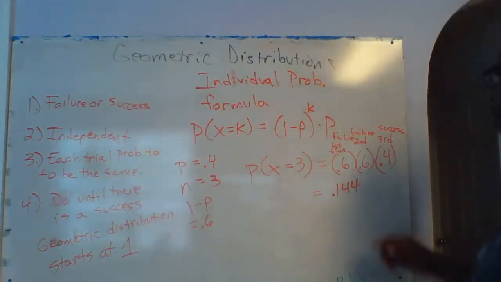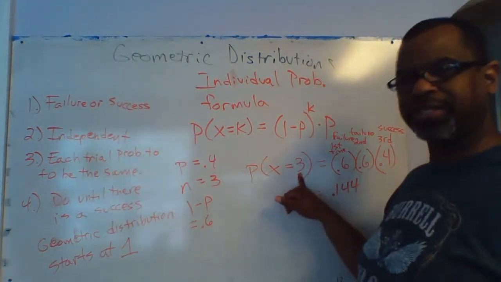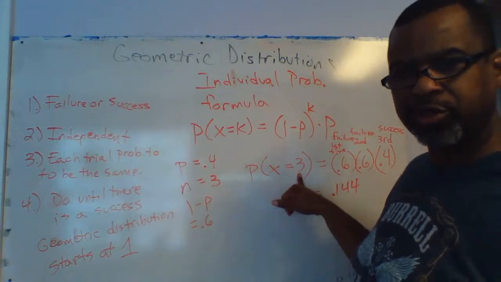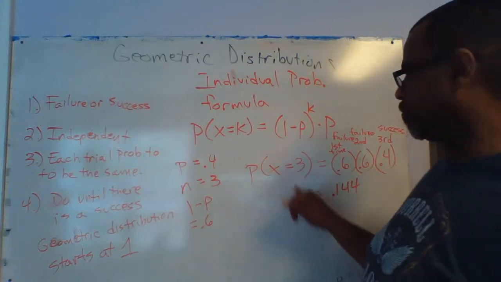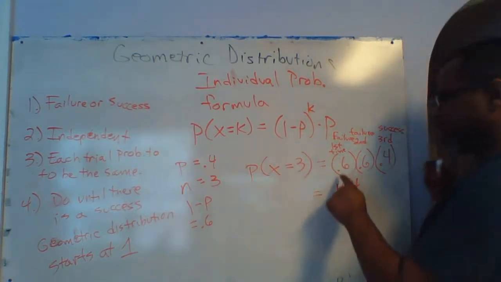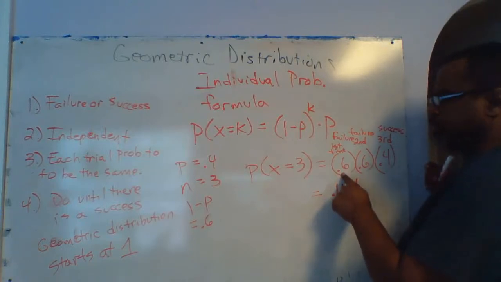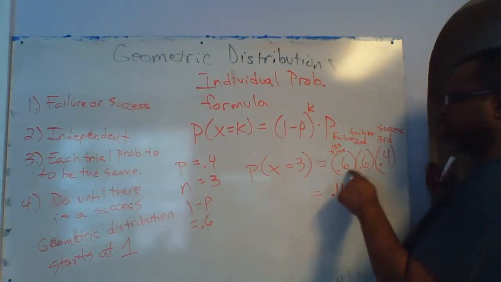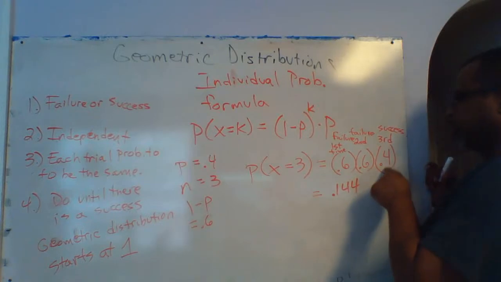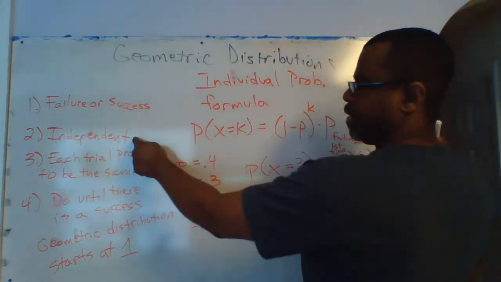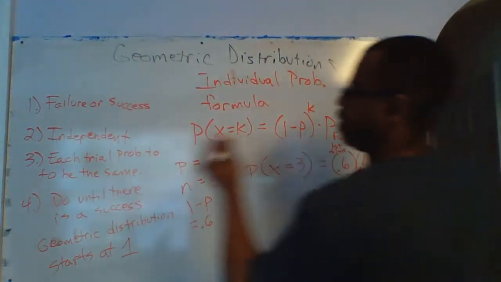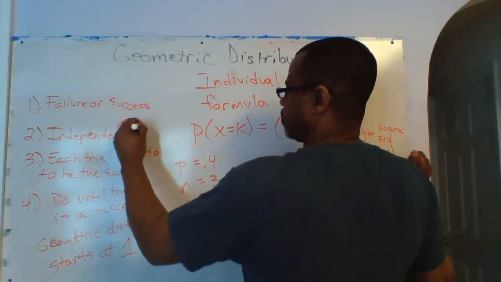Girl, if you don't stop until your third success, don't you have to fail twice? If they're independent, don't you multiply? If they're independent, you got a failure the first time, a failure the second time, the third time you're going to get your success. They're independent. Independent means multiplication.